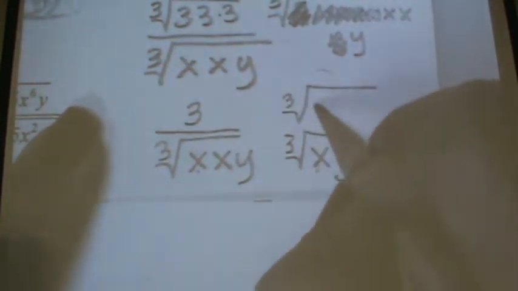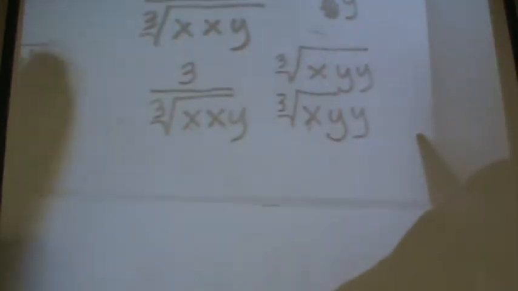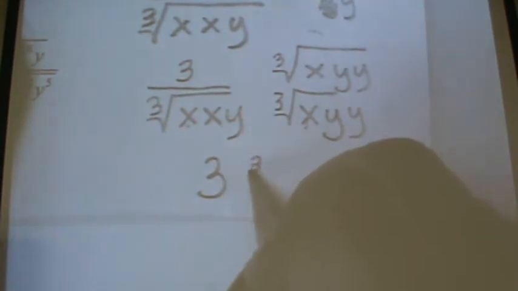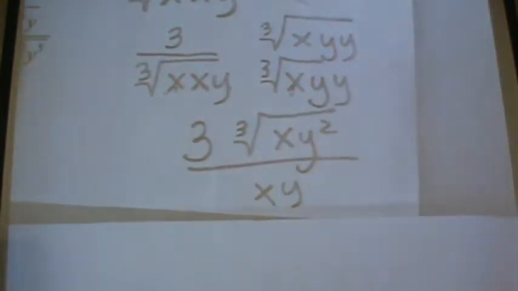So whatever I do to the bottom, I have to do to the top. So my final answer is going to be 3 times the cube root of xy squared all over, now we have three x's and 3 y's, so just xy. That's your answer.